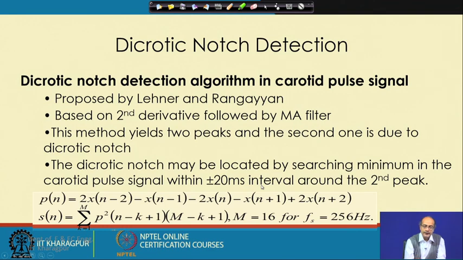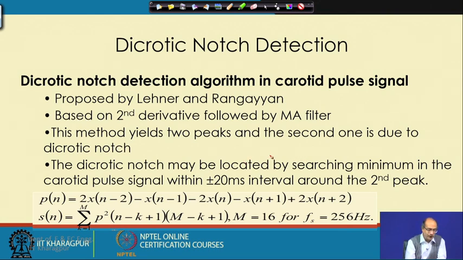So, Lehner and Rangan have used again a second derivative based technique. They have suggested that we take the second derivative of the carotid pulse signal followed by a MA filter, and this will give rise to two peaks.